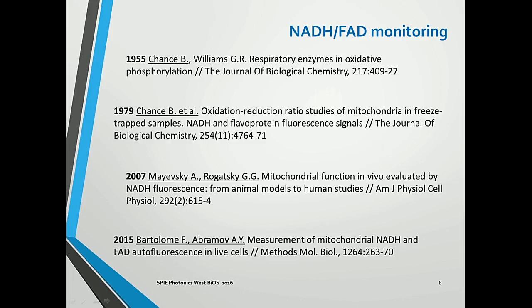On the second slide, this is about monitoring NADH. It was first discovered in 1955, where NADH is actually produced and how mitochondria work. In 1997, they found it could be measured as a fluorescence signal. In 2007, mitochondrial function in vivo was evaluated by NADH in human studies and animal models. And the latest is the measurement of mitochondrial NADH and FAD fluorescence in living cells.